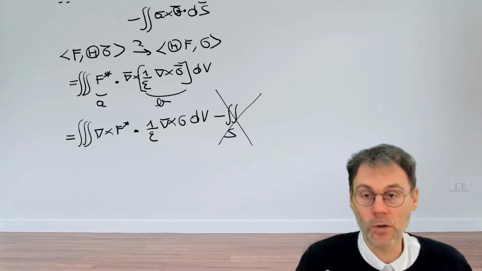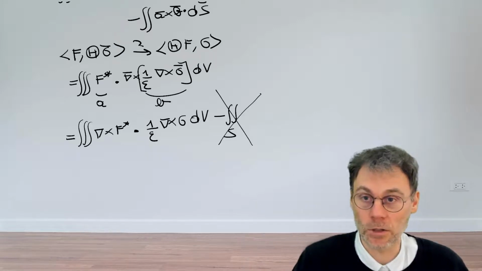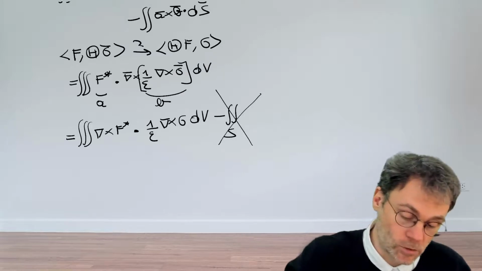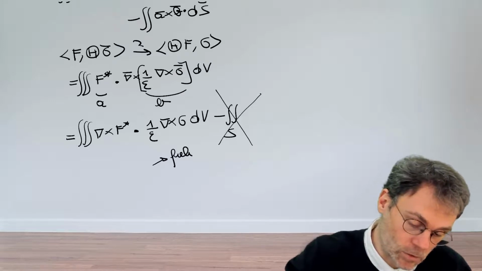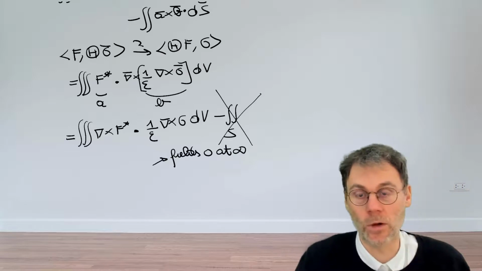Well, typically we look at the whole volume of the entire space, so this surface integral is a surface integral at infinity. You could say that typically at infinity the fields will be 0 because they decay there. So that's one possible situation.